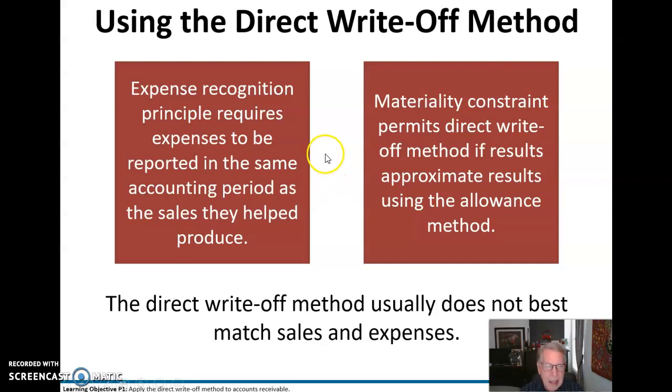And our materiality constraint permits the direct write-off method if the results approximate the results using the allowance method, which is never the case, I might add, but nevertheless. The direct write-off method usually does not best match sales and expenses.